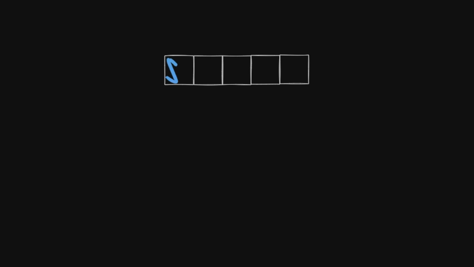So we can fill this one, or this one, or this one, or this one, or this one. So the result of 1 in 5 is 5, and we can write this as nCr, which in this case is 5C1. So 5C1 equals 5.